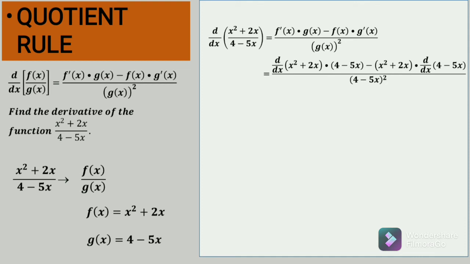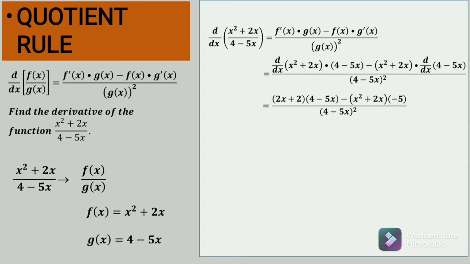Then our g of x is 4 minus 5x, and our f of x is x squared plus 2x, and our g prime of x is the derivative of 4 minus 5x. And g of x squared is the quantity 4 minus 5x squared.